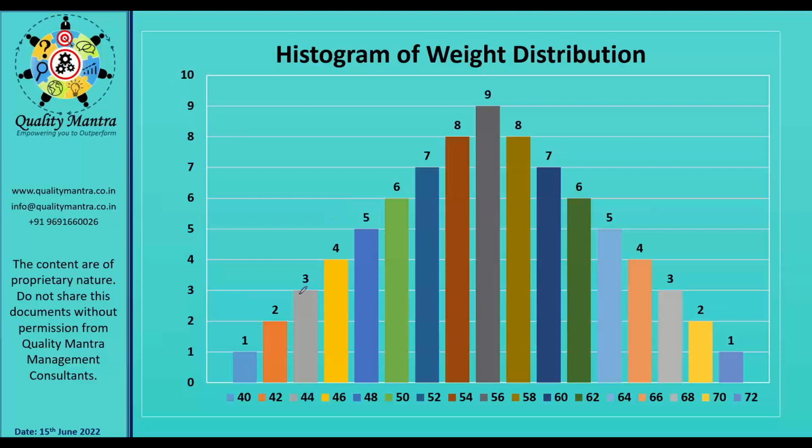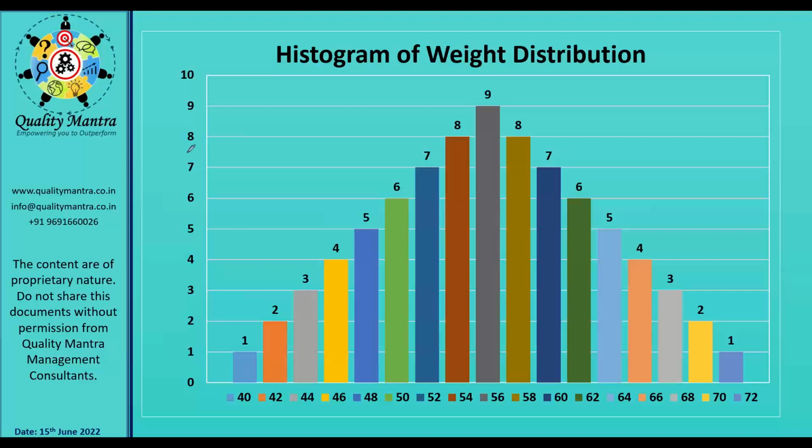Okay, so the parameters of your process, of your product, you can analyze over the histogram also to check where your data is distributed. आपका data जो है कहाँ पे डिस्ट्रीब्यूटेड है, what is the distribution of your data.